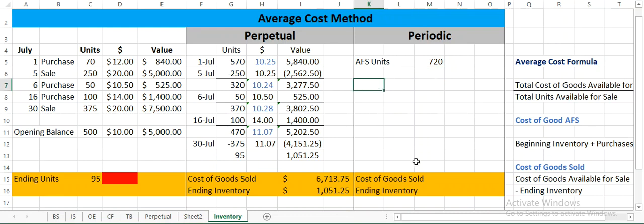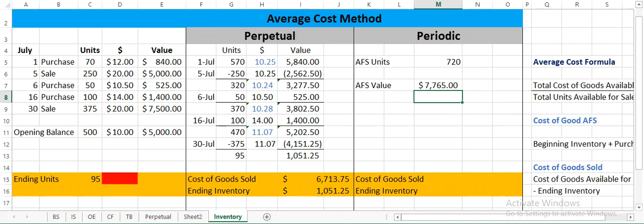Now we need to find out the value of those. The available for sale value is going to be the values that we calculated here for those same purchases and beginning inventory. That's 5,000 plus 800 plus 525 plus 1,400.